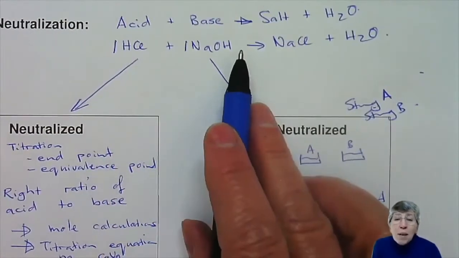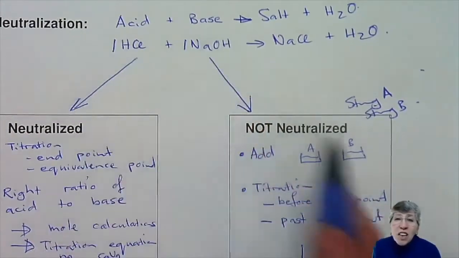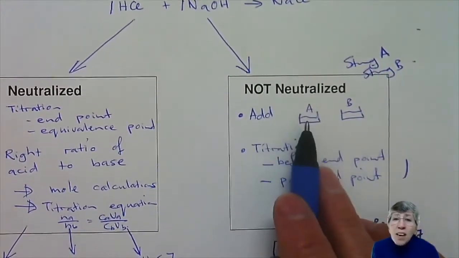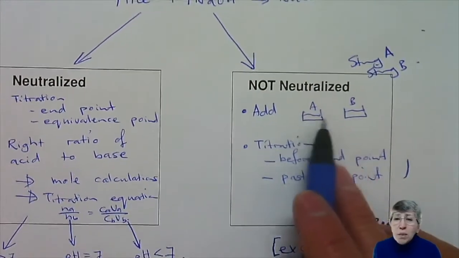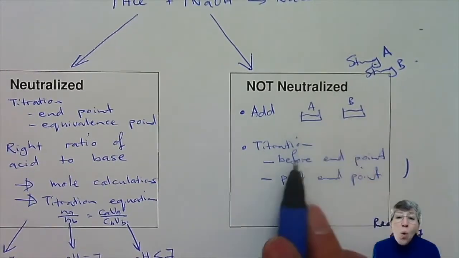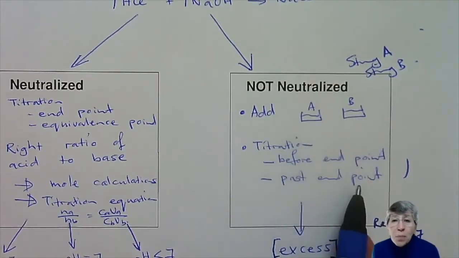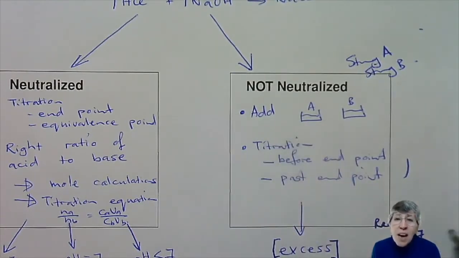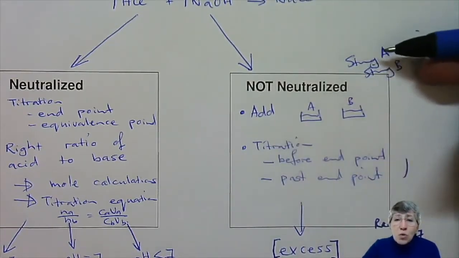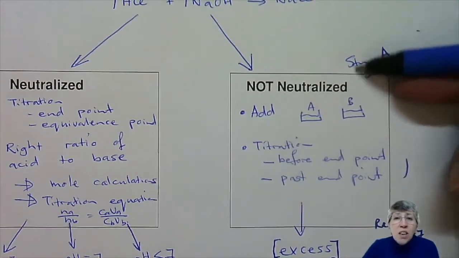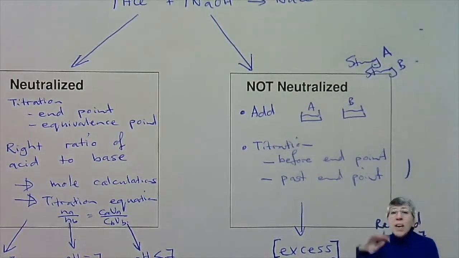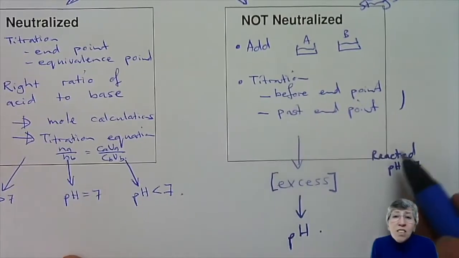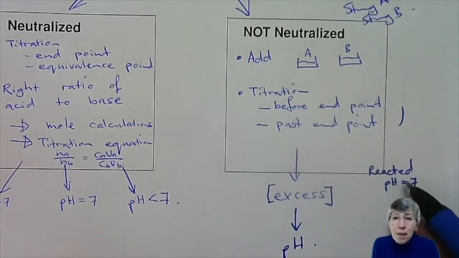When you add them and they're not in the right ratio, and that will either be when you just add two random solutions, or before or after the endpoint, then something is in excess, right? And since they only ask this for strong acids and bases, we know the part that reacted we can ignore totally, because the ones that reacted ended up being 7.